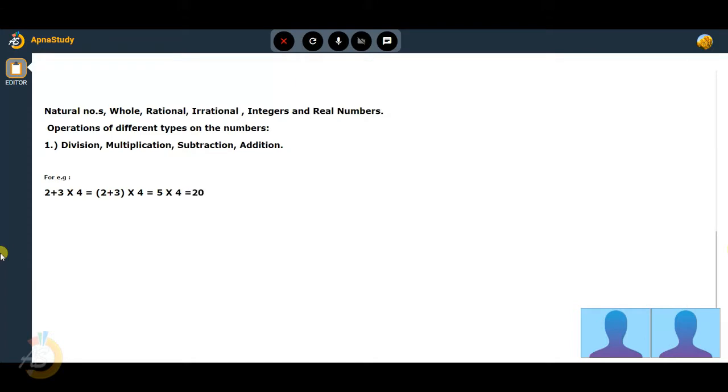This is the wrong approach, but let's try the right approach. First we will do multiplication.